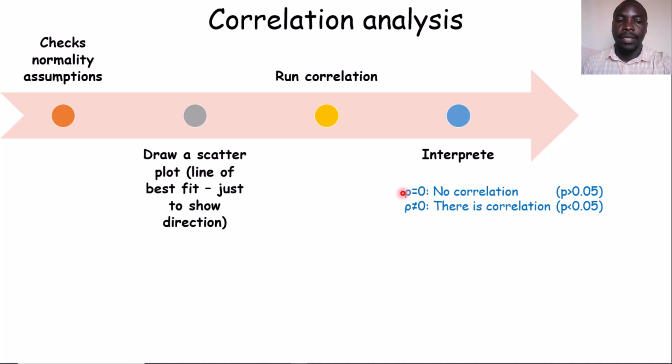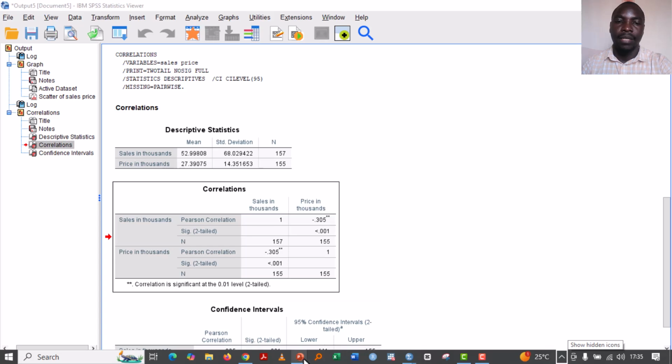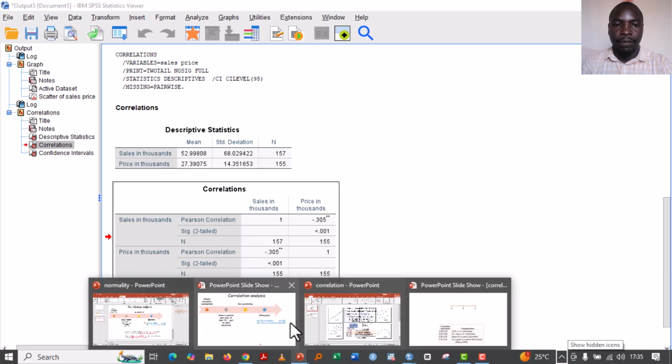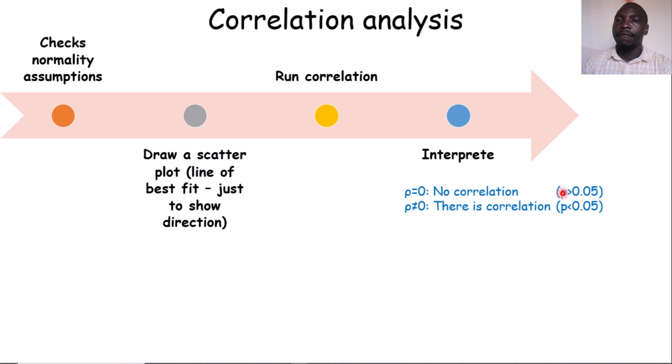From our output, we can see that the significance, the p-value, is less than 0.001. If the p-value is less than 0.05, it is supporting the alternative.